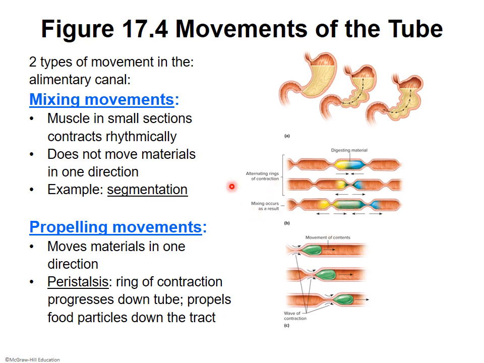What it's trying to do is mix the digestive enzymes in with this. It's basically fluid at this point, in case you don't know. So the digestive enzymes get put in there, and then this thing called segmentation, which is a form of a mixing movement, is going to cause it to slosh back and forth and really intertwine those enzymes with the food in order to break the chemicals down.